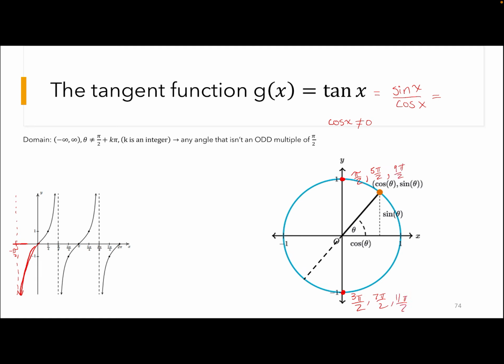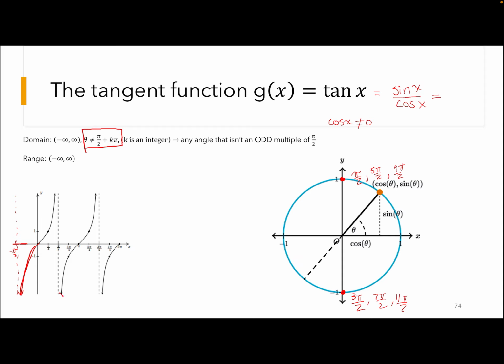Then we would get 11 pi over 2 and so forth. So when we say that theta can't equal pi over 2 plus k pi, it's just any angle that isn't an odd multiple of pi over 2. So that's the domain, is any angle that is not an odd multiple of pi over 2.